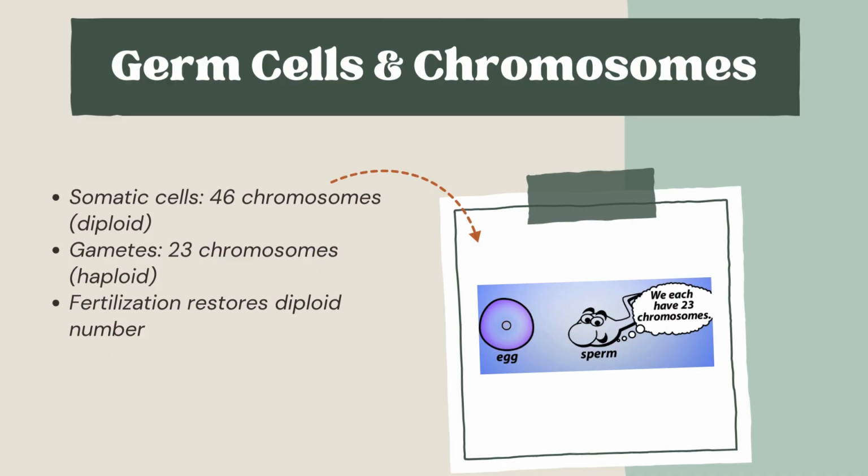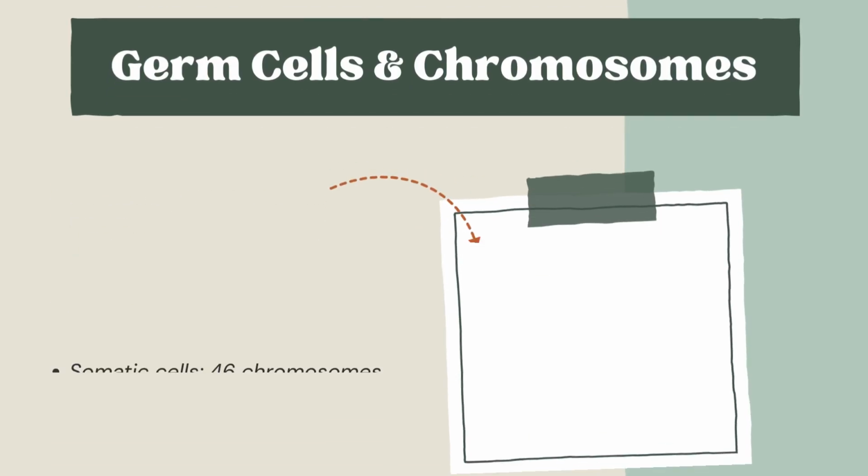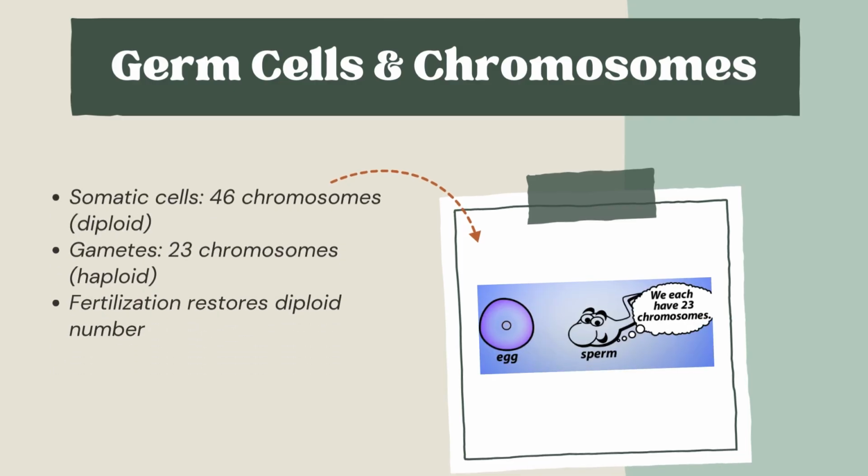Germ cells, the sperm and the ovum, collectively known as gametes, must contain only 23 chromosomes each. This reduction is crucial because during fertilization, these two haploid cells combine to restore the normal diploid number of 46 in the newly formed zygote.